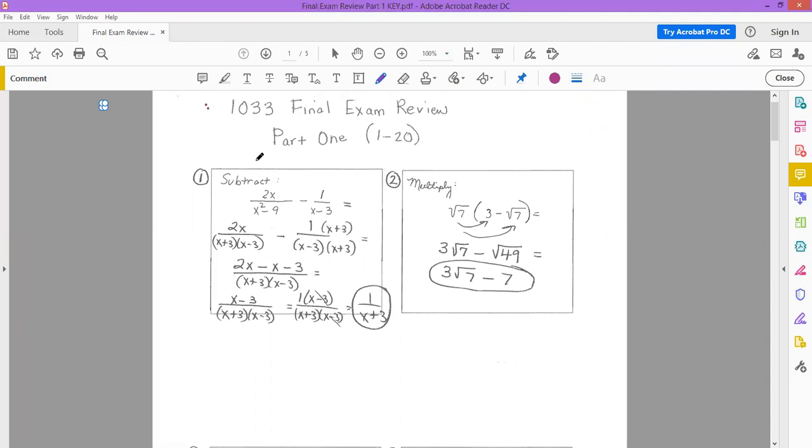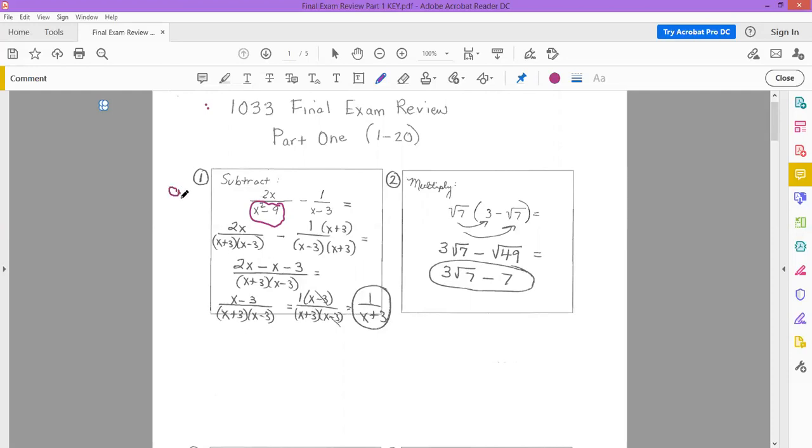Starting with problem number 1, we have 2x divided by x squared minus 9, and then we're subtracting from this term 1 divided by x minus 3. Now in the denominator here, this x squared minus 9 is a difference of perfect squares.